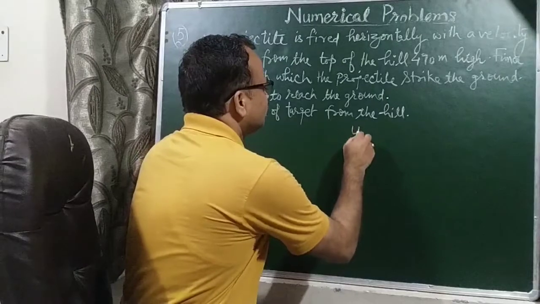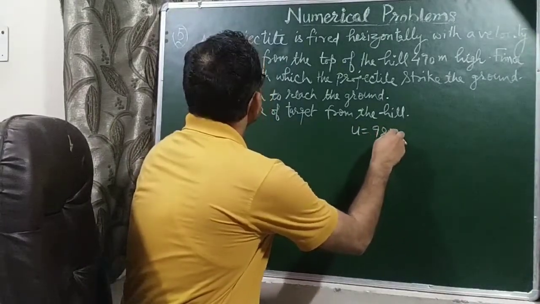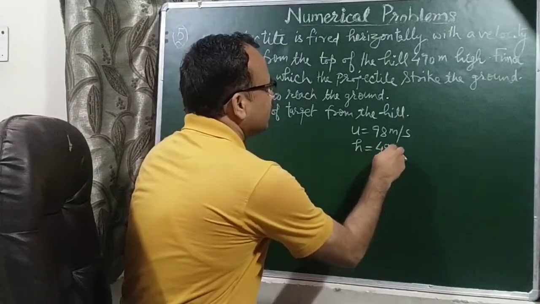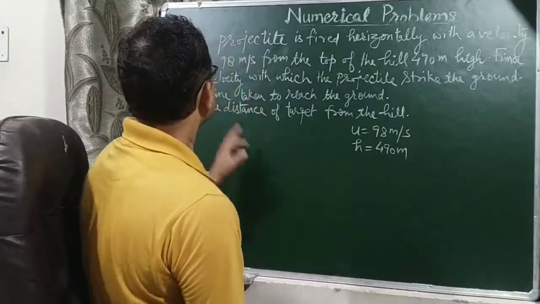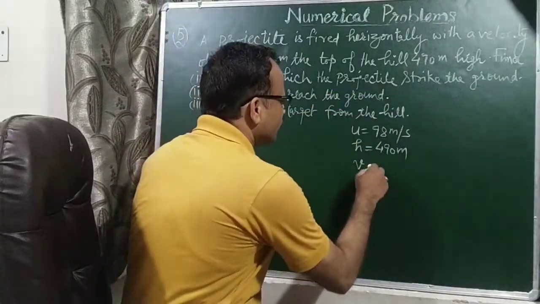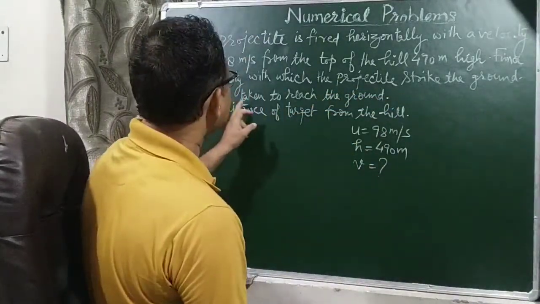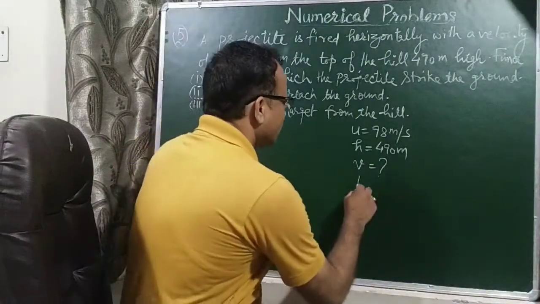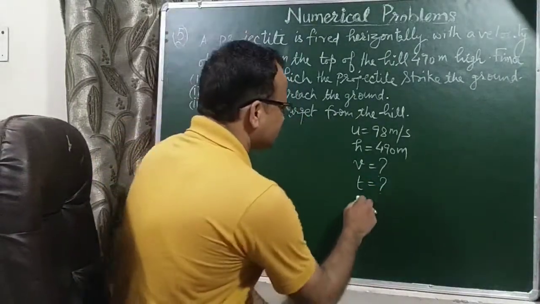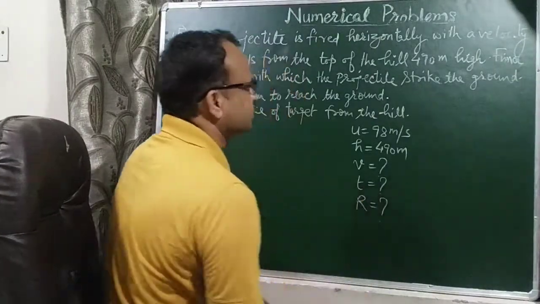U equal to 98 meter per second and h equal to 490 meter. The velocity with which the projectile strikes the ground means v equal to question mark, and time taken to reach the ground t equal to question mark, and distance of target from the hill means range r equal to question mark.